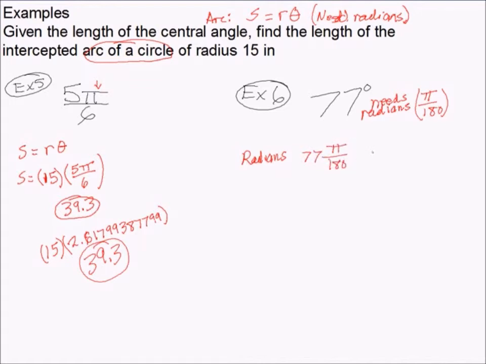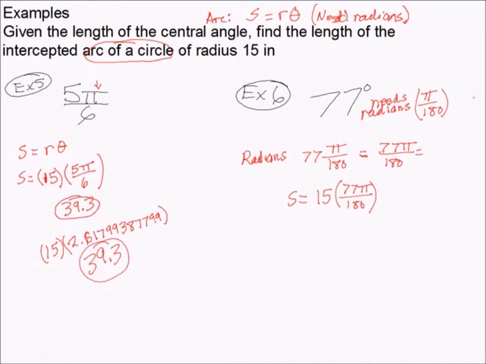Okay. Now, if you can take care of it, it will be 77 pi over 180. Okay. And then you could do S equals 15 for radius, and then 77 pi over 180. You can do that for the calculator, or you can figure out this decimal.